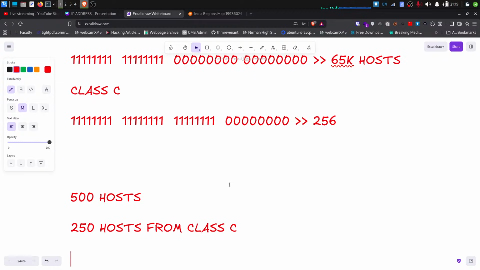What do you guys think? So we use two times. Yes, yes, yes. Anyone else? Class C. Can we do this thing? The example I just shared with you guys.